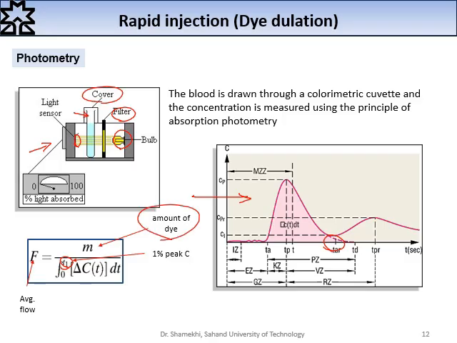We know the amount of dye, or the mass value of the dye, and also the variation of the concentration and time, and the integration of this part. And now we can calculate the average flow of the blood inside the system.